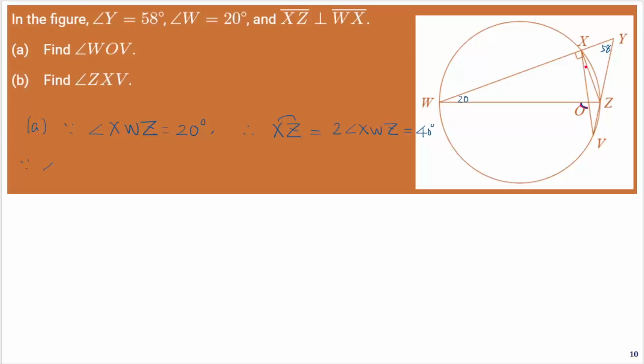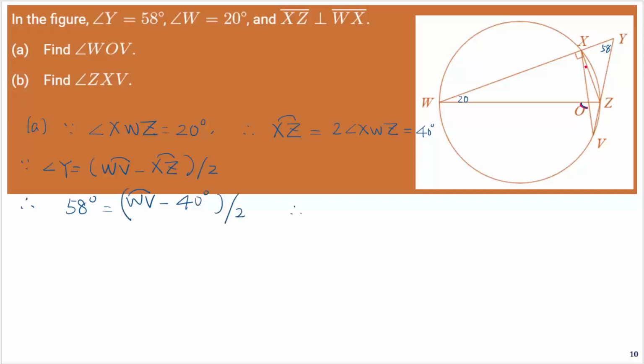And because angle Y equals the difference between the arc WV and arc XZ divided by 2, we then have 58 degrees equals (WV minus 40 degrees) over 2.